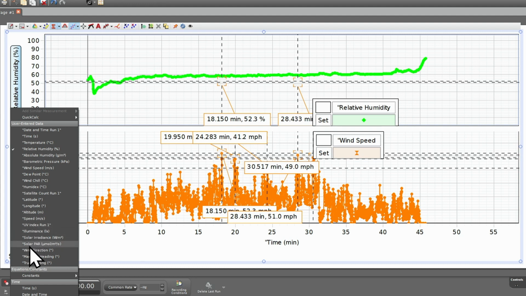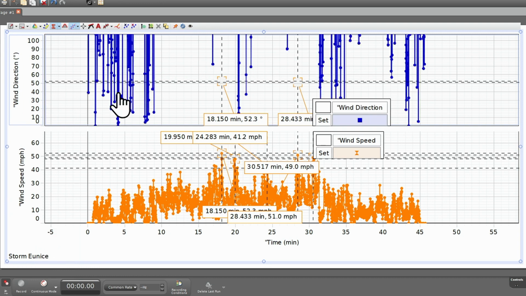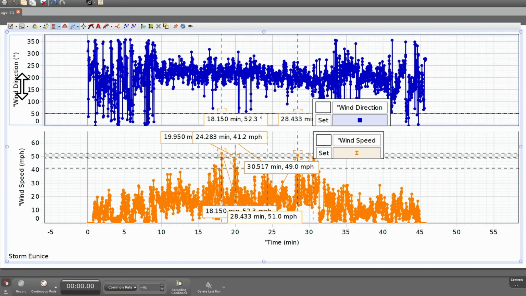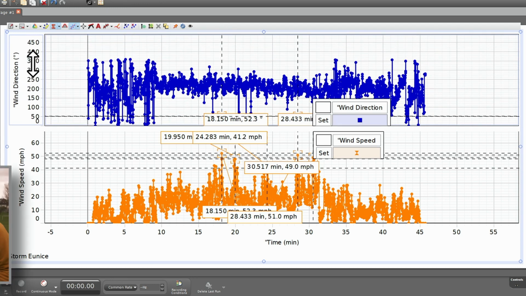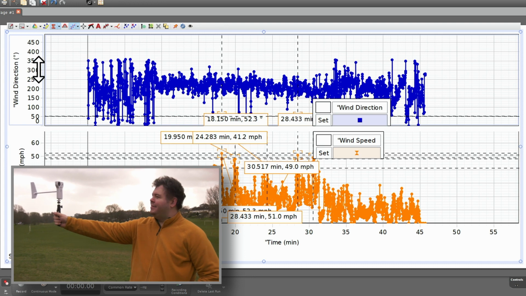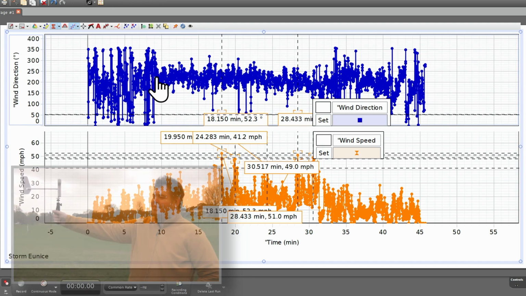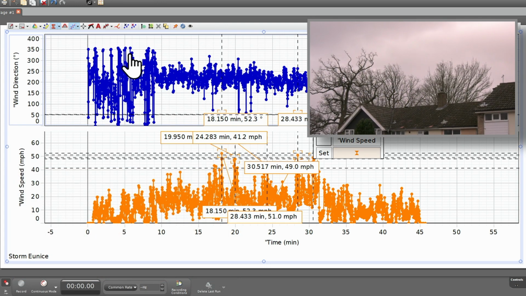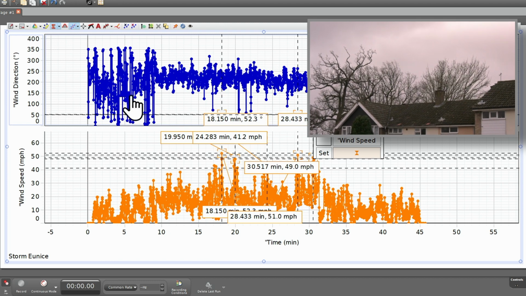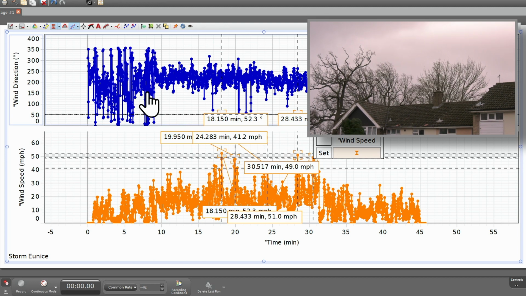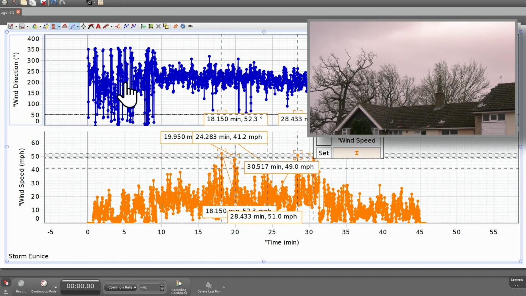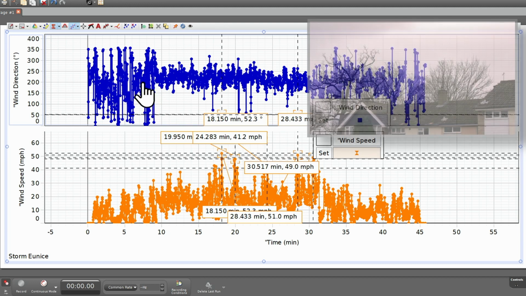I'm not going to bother looking at many of the others because they're not very important, but what you will notice was with wind direction here, the wind direction was really a little bit variable. When we started out, this is in the housing estate, and you can see with the houses redirecting the wind, it's coming from all sorts of directions.